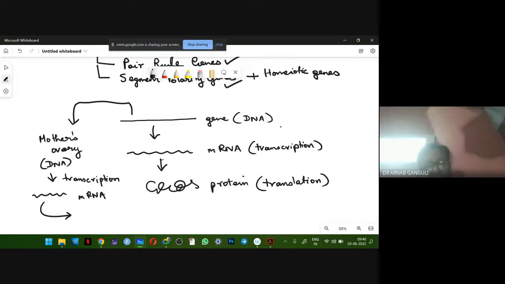Now these mRNA diffuse into different regions of the egg.